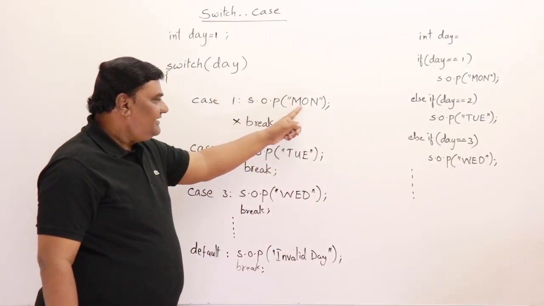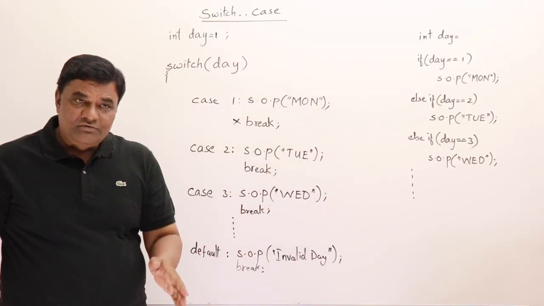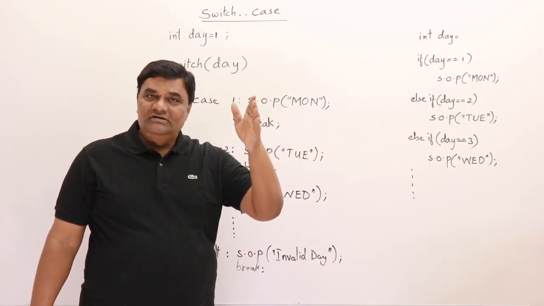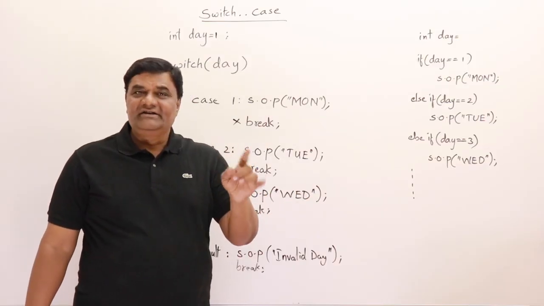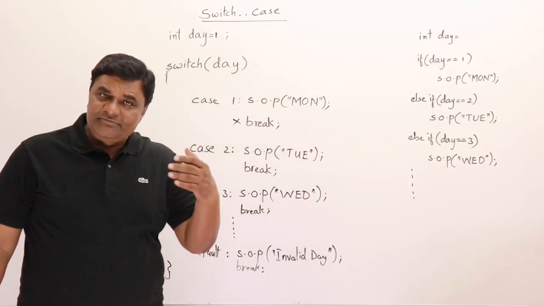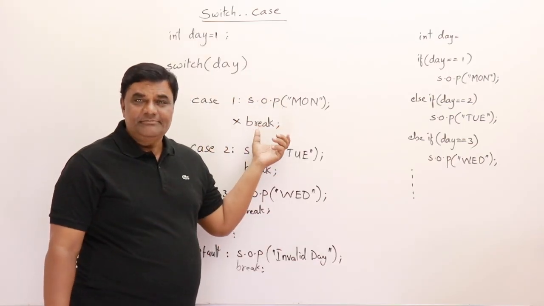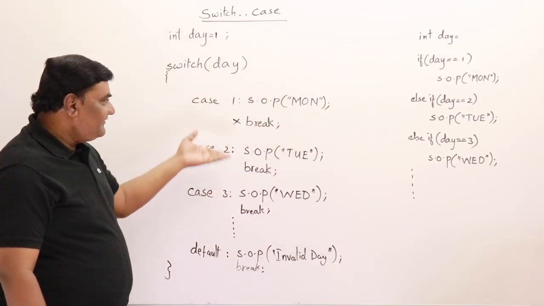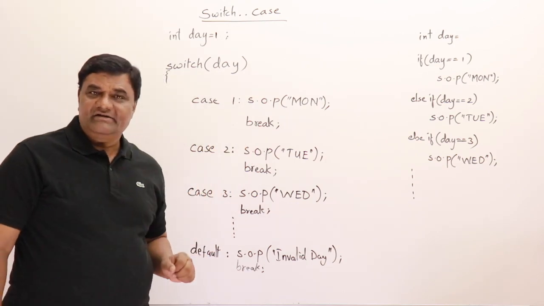This is called fall through. So it will fall through all other cases. If break is not given, it will stop only when it gets a break. So if in your program you want it to execute the following case also, then you can skip break. But in this example, we definitely need the break statement. So this is the importance of break.